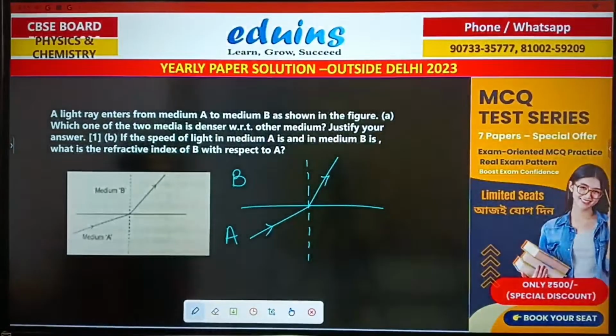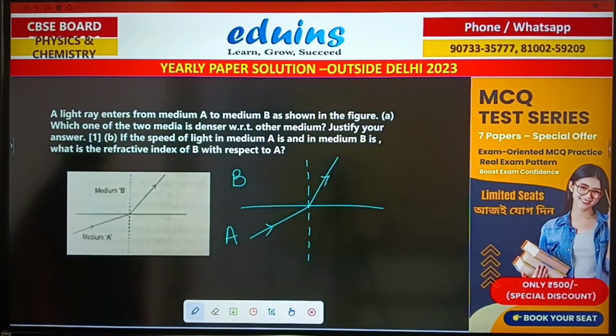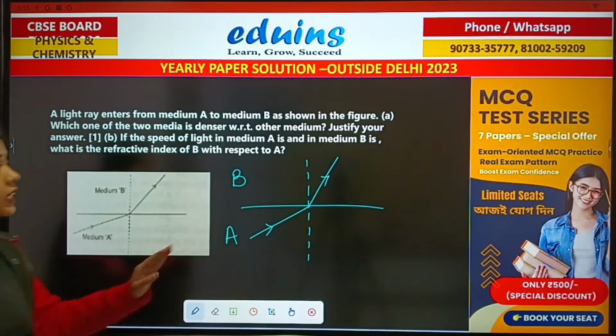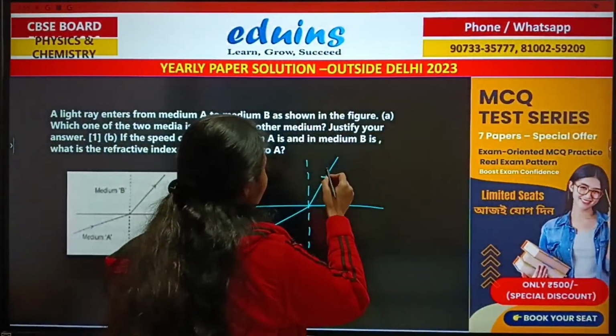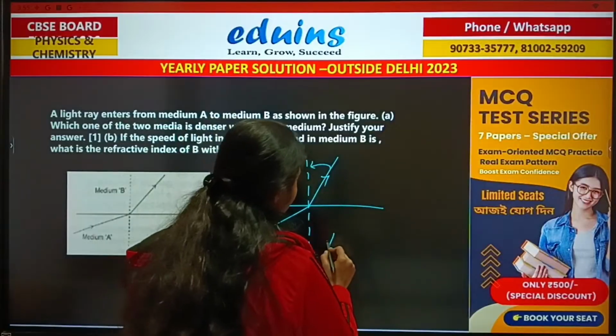Now, we have to understand first which medium is denser. The light ray is moving towards the normal.